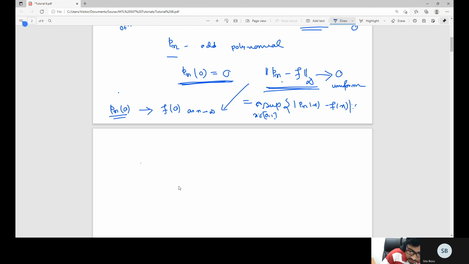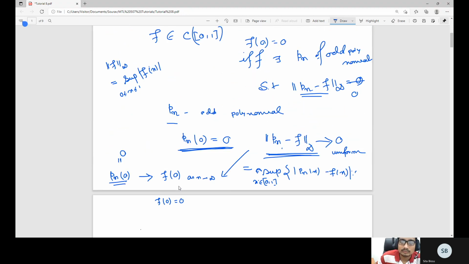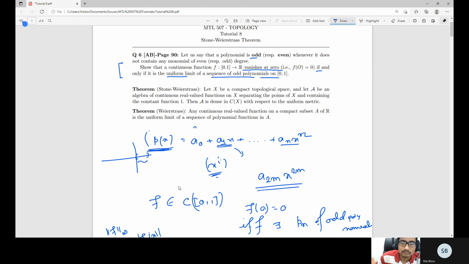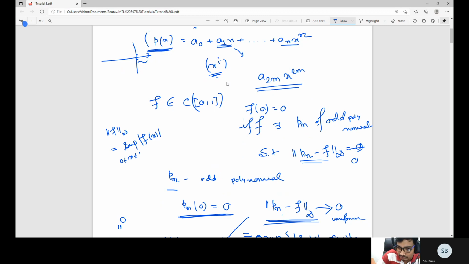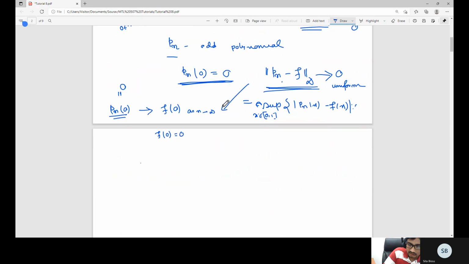But Pn(0) is equal to 0. So therefore we can say f(0) equal to 0. So you are done. So whenever we can approximate a function by means of a limit of odd polynomials, then it vanishes at 0. This was our reverse part.